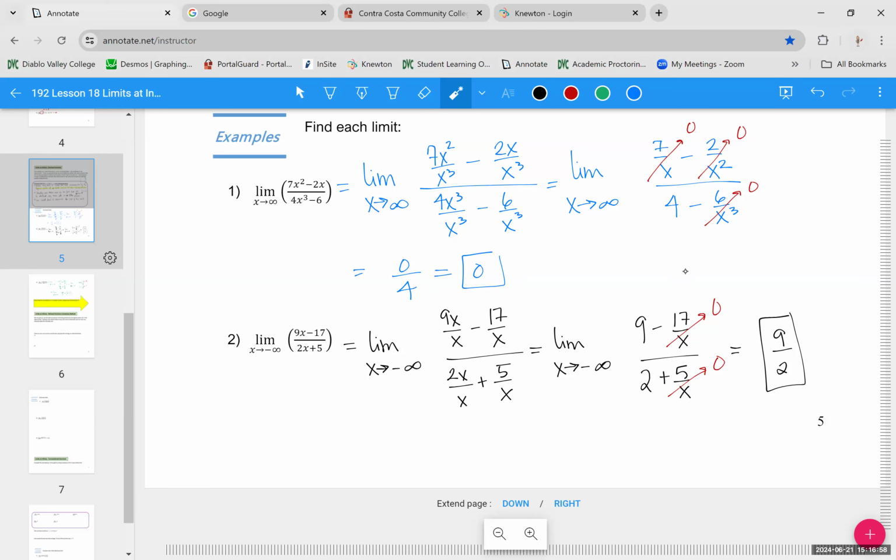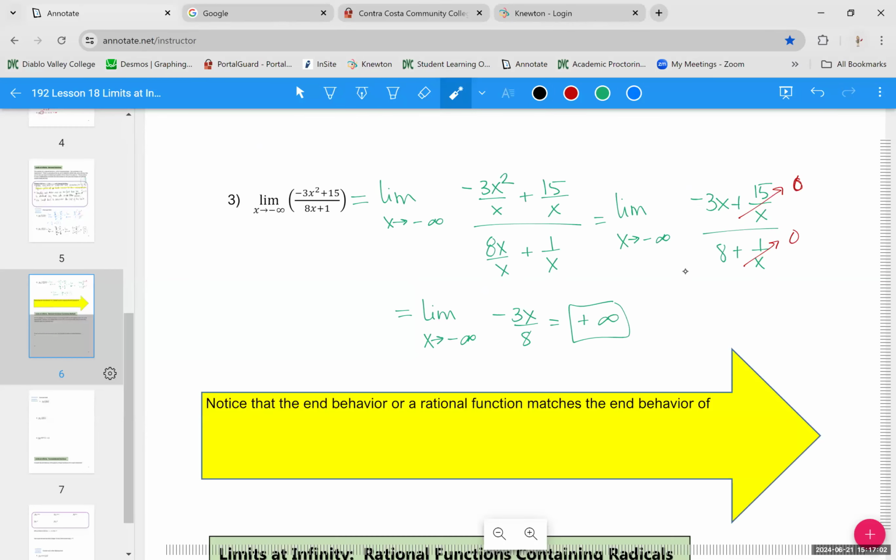So there is sort of a pattern that you can see there. We're going to write it in this box.